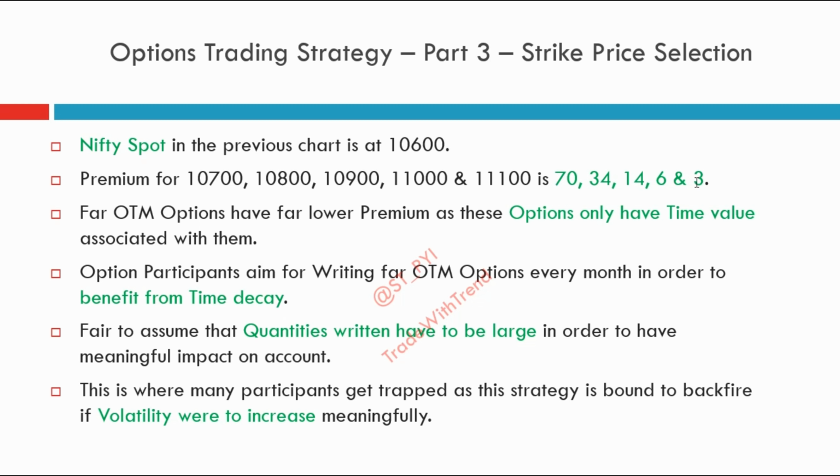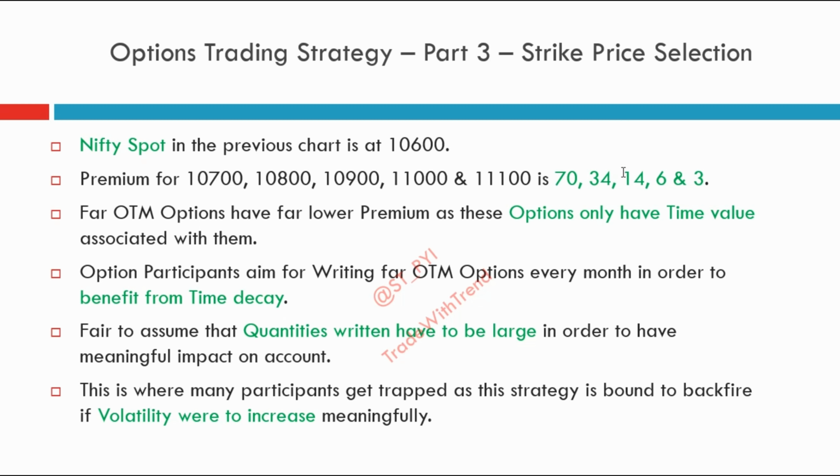So the first thing that a trader thinks about is, with Nifty at 10,600, what are the odds of Nifty moving to, let's say, 11,000 or 11,100 with just 10 days to go? And why they think like this is that this 14, 6 and 3, these three premium values seem extremely attractive, and most of the times you will hear that this 14 would go to 0, 6 would go to 0.